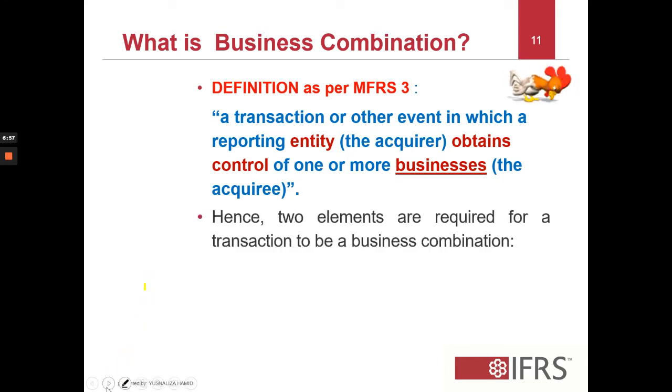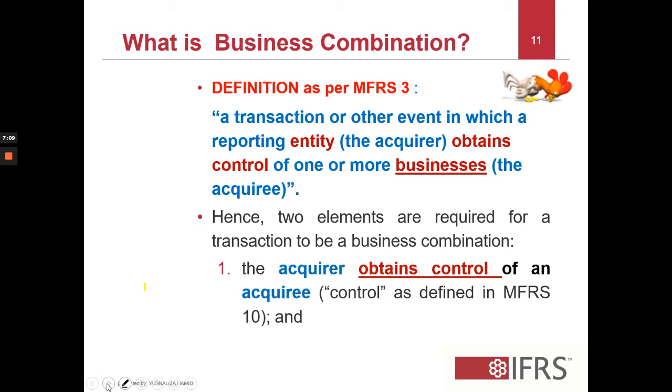Hence, there are two elements required for a transaction to be a business combination. What are the two elements? Number one, there should be an acquirer that obtains control of an acquiree. That is the most important thing.